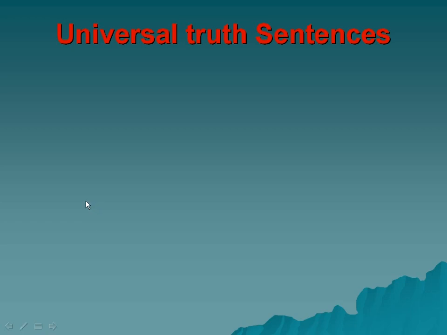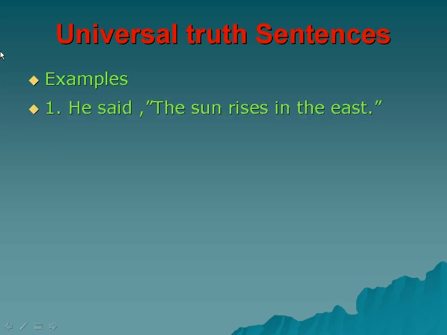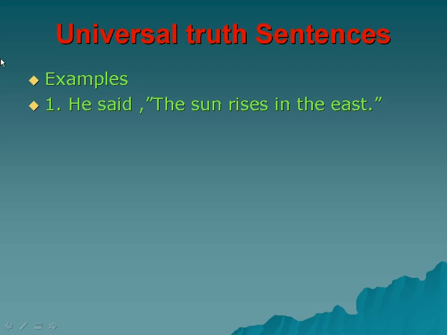Again I would like to point out that if the sentence is a universal truth or if the statement is still relevant, we should not change its tense. We should not change its meaning. See first example here. He said, "The sun rises in the east."